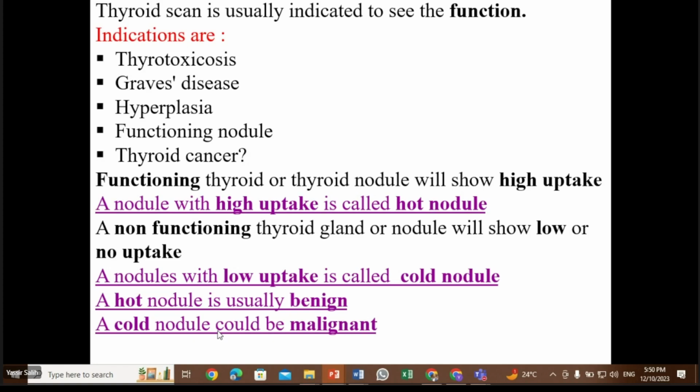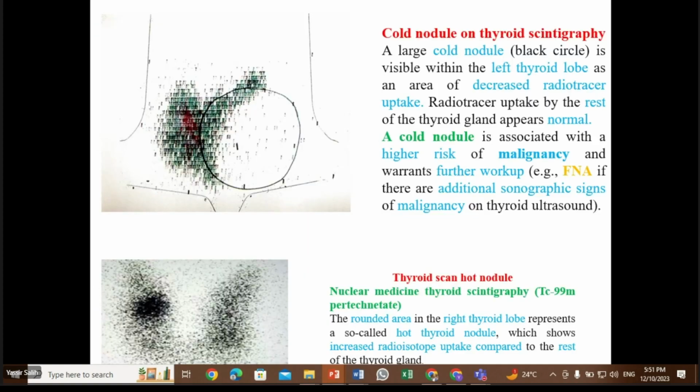A cold nodule could be malignant. We always fear the cold nodule with low uptake. Lesions that demonstrate low uptake could be malignant, or benign such as inflammatory. A hot nodule is usually benign, but the cold nodule demonstrating low uptake is what we fear most.